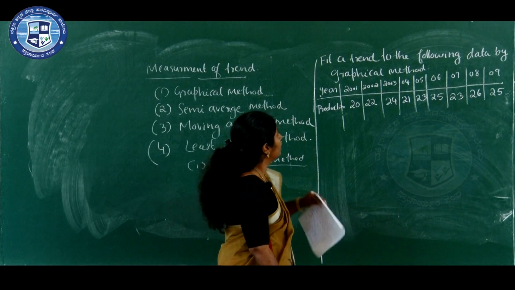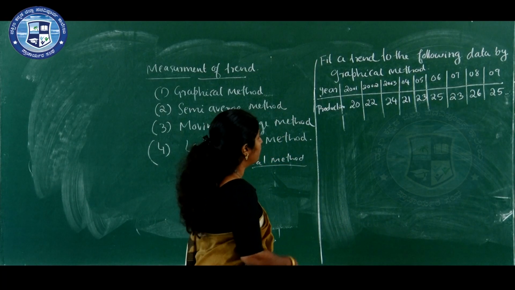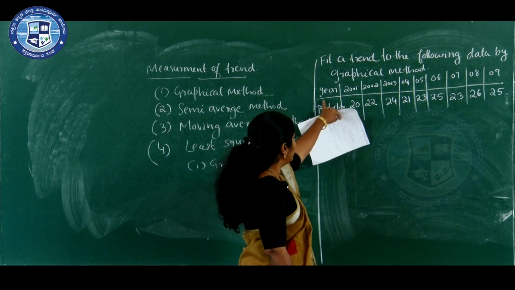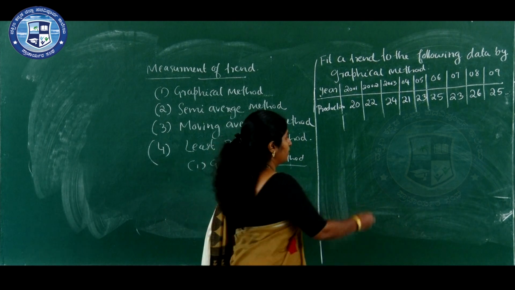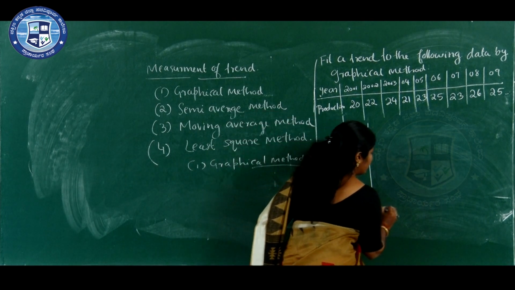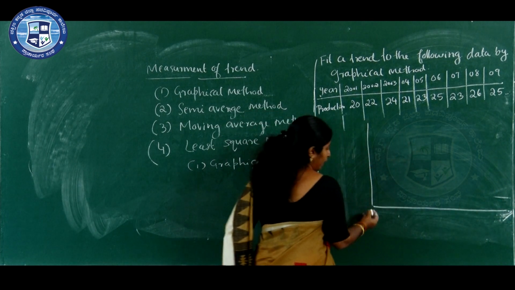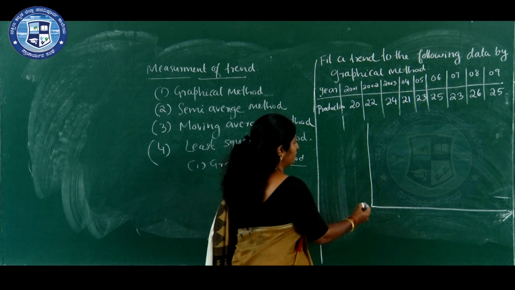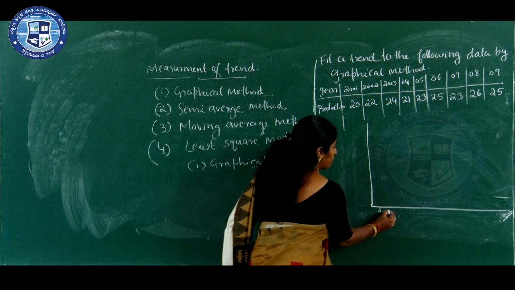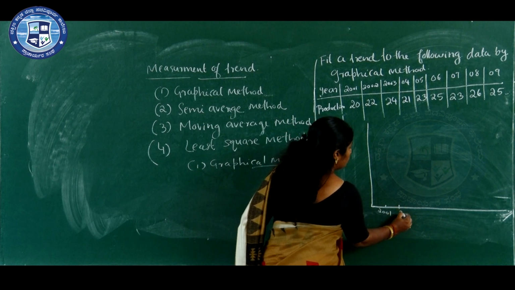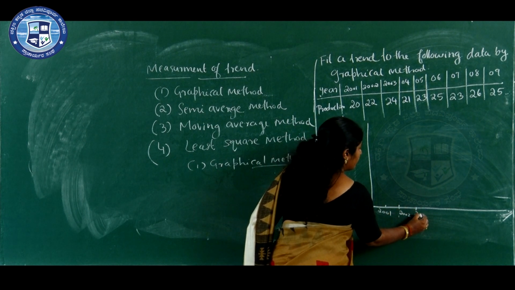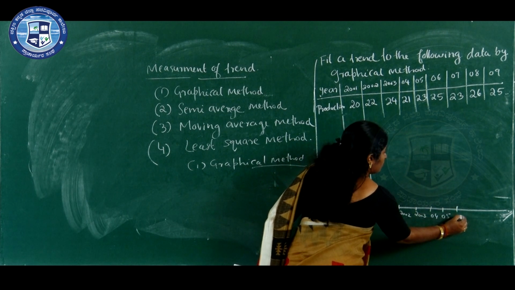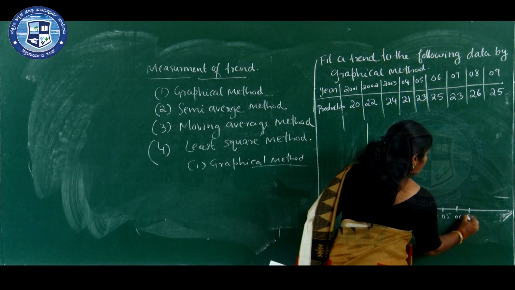Next example, fit a trend line to the following data by the graphical method. Now, years and productions are given. So draw the graph. Along the x-axis, you have to take years, that is 2001, 2002, 2003, 2004 till 2009.